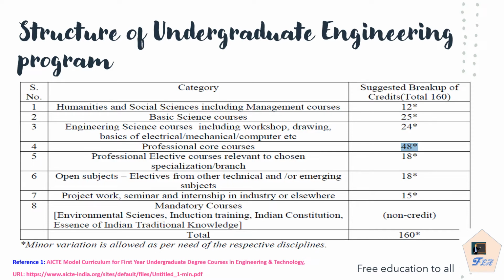Now my second observation is that, let me take the pointer, you can see that only 48 credits are assigned for the department specific core subjects and 12 credits for 6 program electives. So I mean 18 credits for program electives.